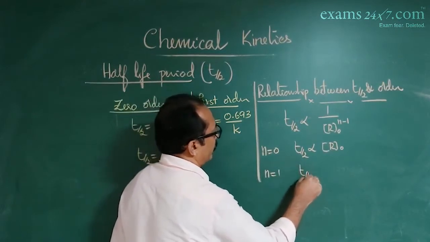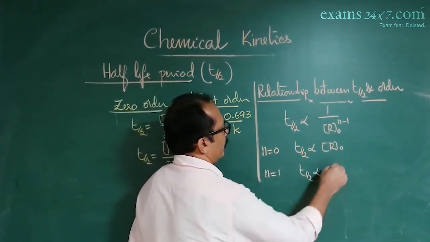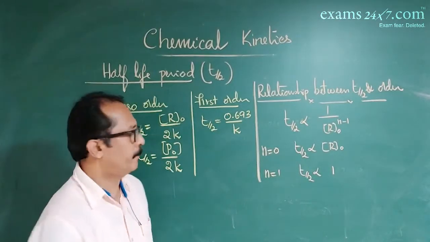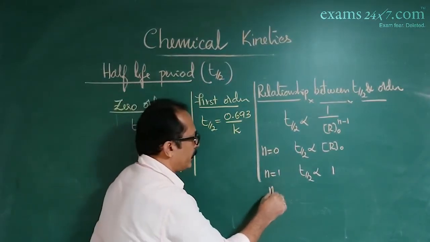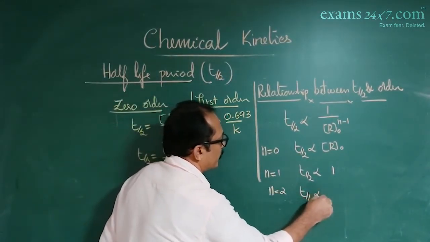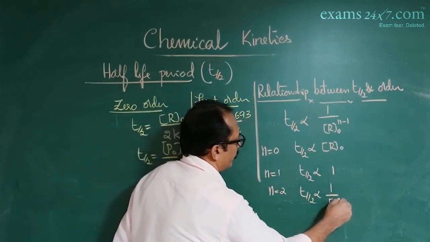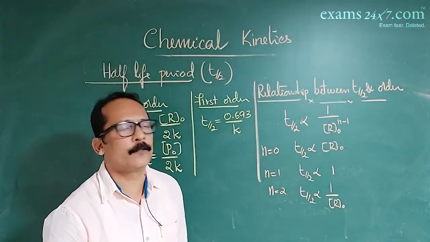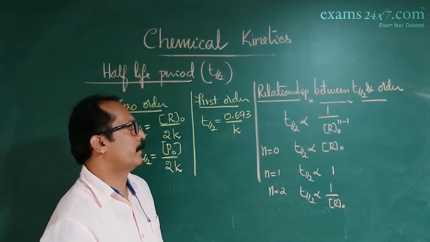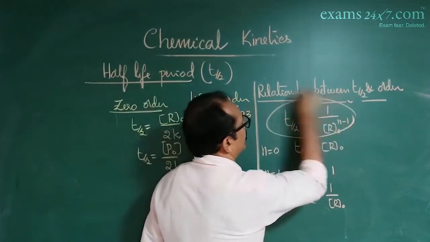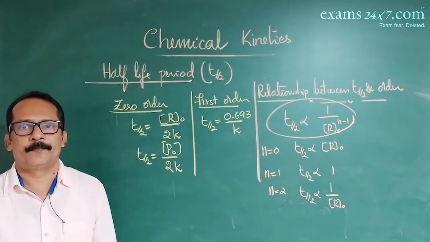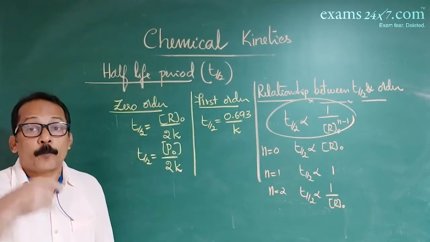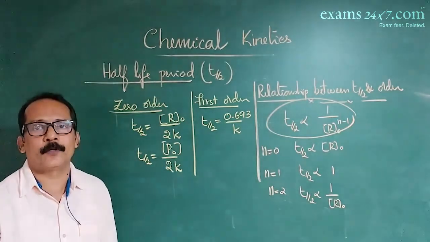For first order reaction, there is no concentration term. It is independent of molar concentration. Similarly, for second order reaction, n is equal to 2, t half is inversely proportional to initial concentration. So if you know the general expression, you can relate half-life and order of the reaction. To predict the reaction, it is very useful.